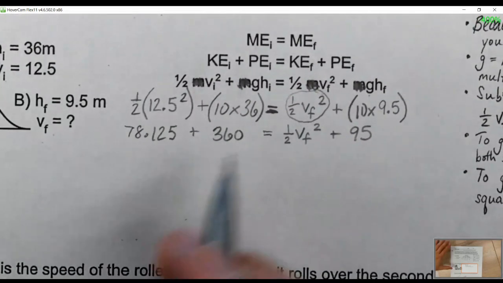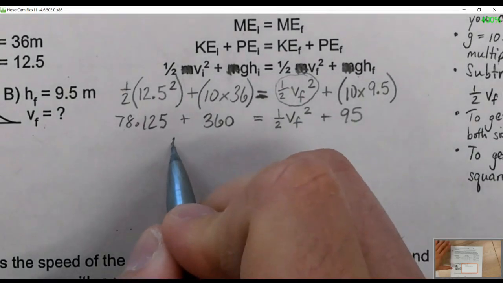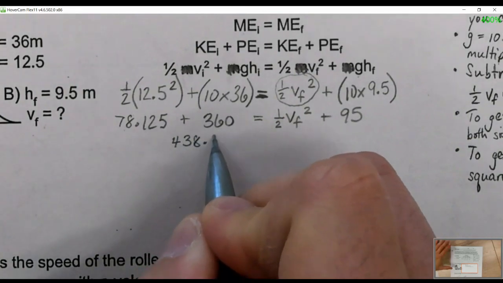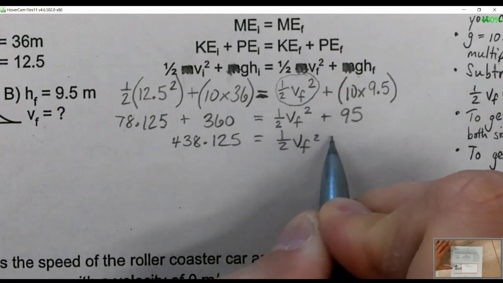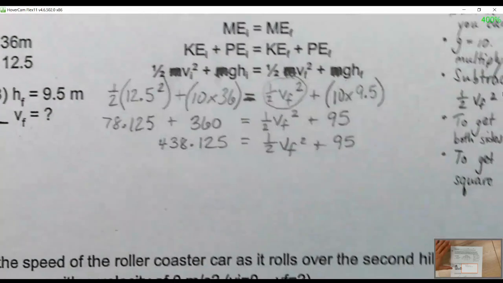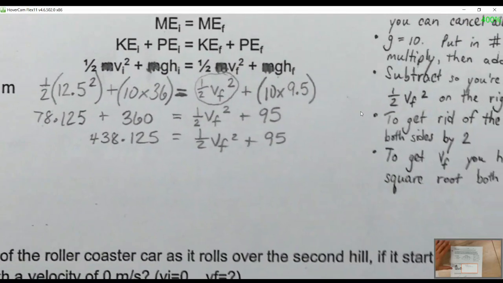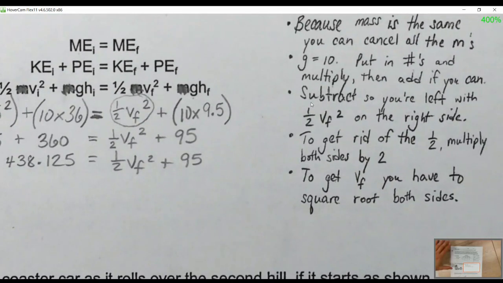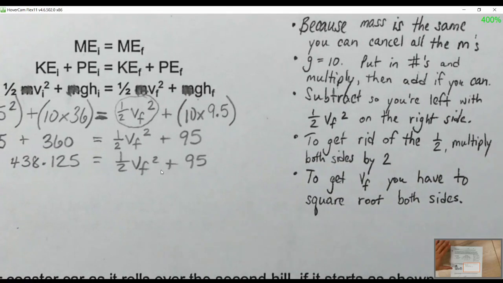So let's simplify the left side of the equation. Throw these two into your calculator, and you get a value of 438.125, and that equals 1/2 VF squared plus 95. Then what I wrote is subtract, so you're just left with 1/2 VF squared on the right side.